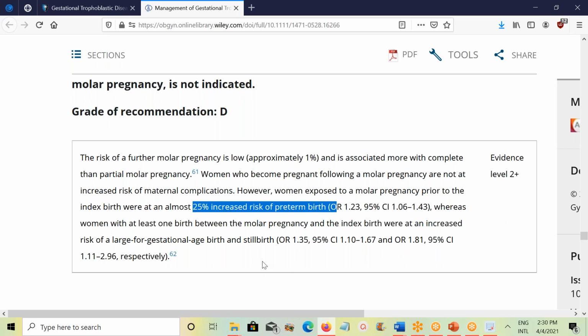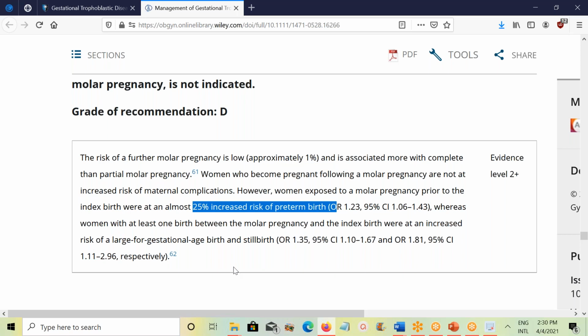Whereas women with at least one birth between the molar pregnancy and the index birth were at increased risk of large for gestational age birth and stillbirth. If you don't go into the details, just remember previous molar, then the risk of preterm increases by 25%. And if there was one birth between the molar pregnancy and the index birth, then what will happen?